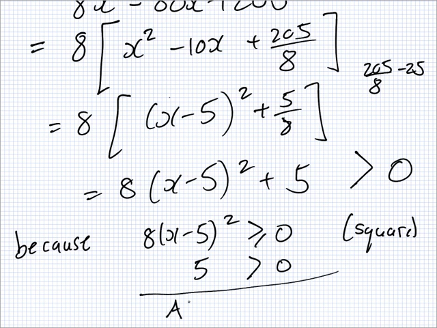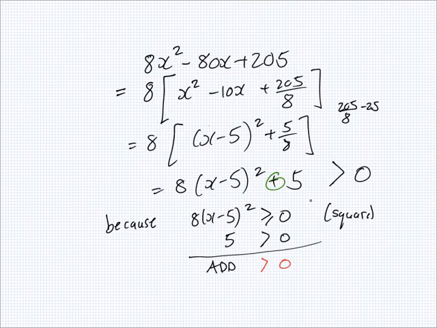So if I add these together, then indeed it's bigger than 0 and not equal to 0. I can't get it equal to 0, because the 5 always makes it at least more than 5. So I've proven that it's always positive.